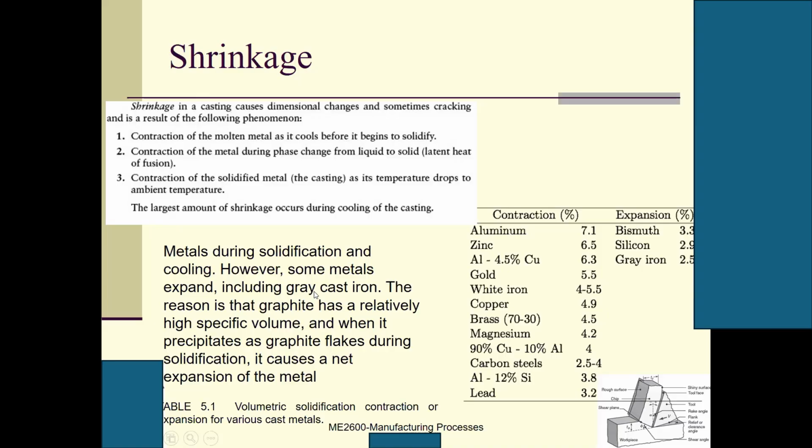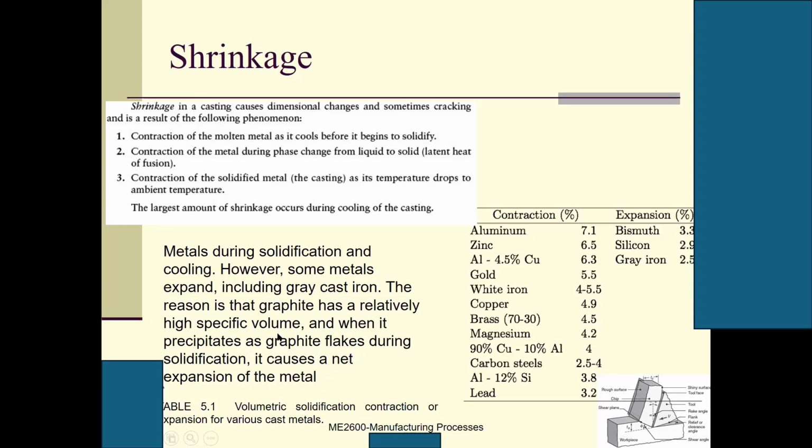I might ask you to give me an example of a metal which expands during casting, and you should just tell me cast iron. Why? The reason is that graphite has a relatively high specific volume, and when it precipitates as graphite flakes during solidification, it causes a net expansion of the metal. So this is the reason.